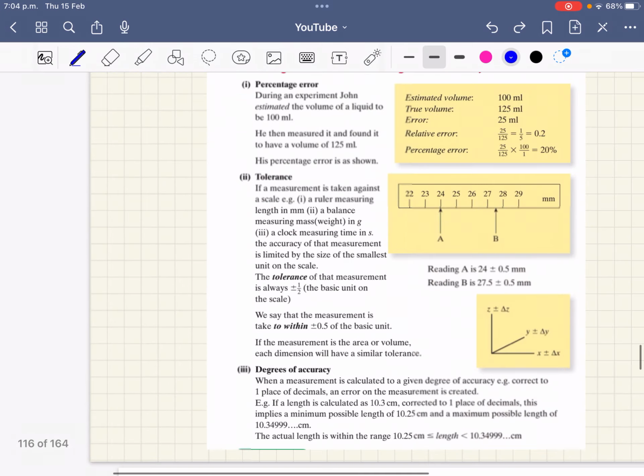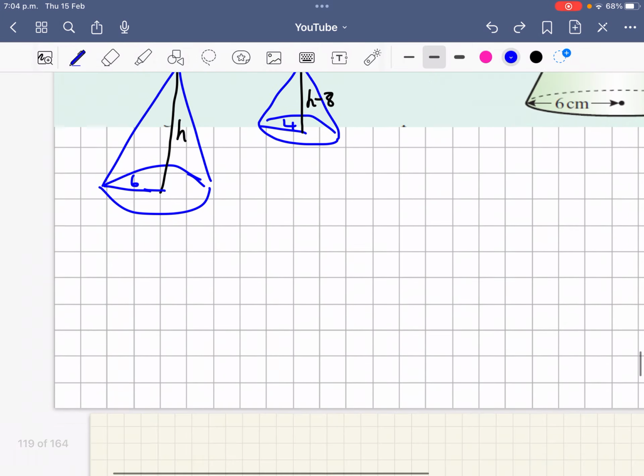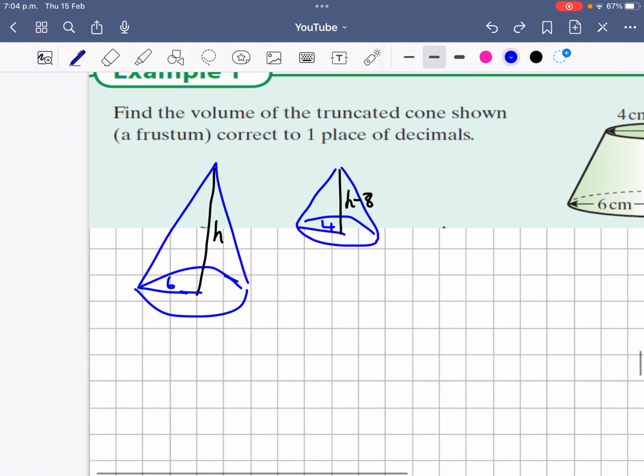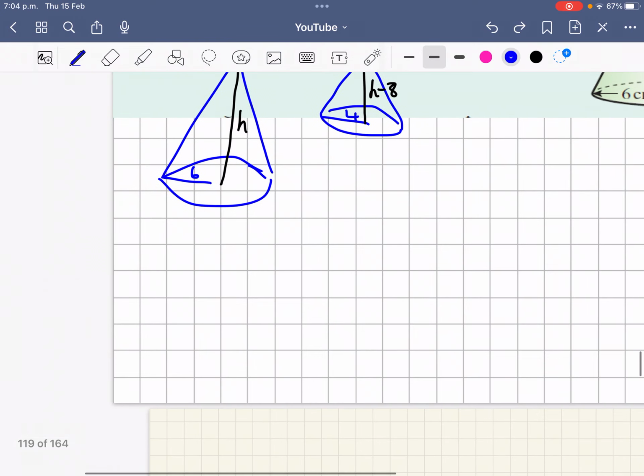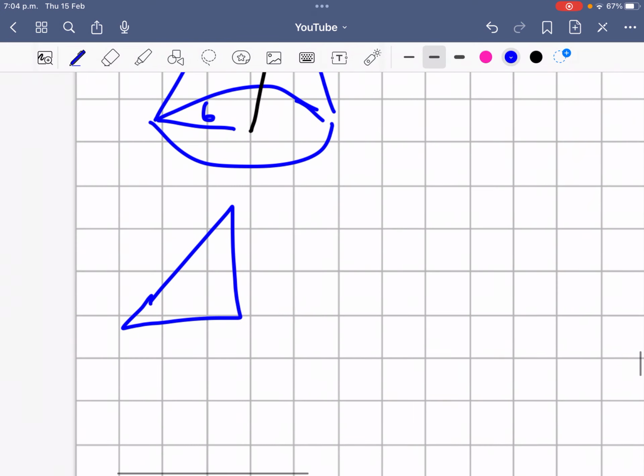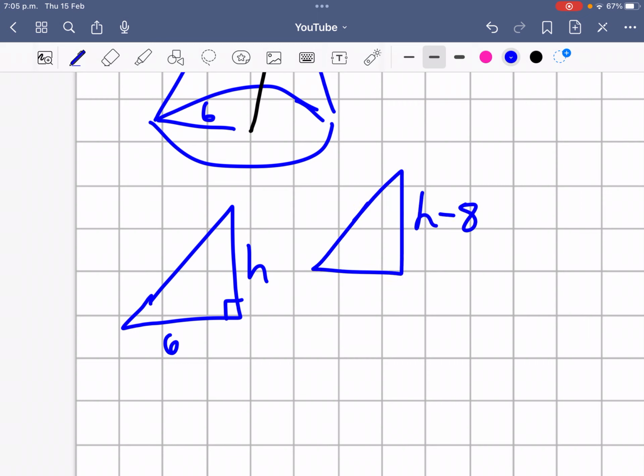And if we look at that more closely, we have two triangles. I'll just redraw them. So we have h, right angle, and 6, and we have h minus 8 and 4. So if we found h, we'd know this one as well.